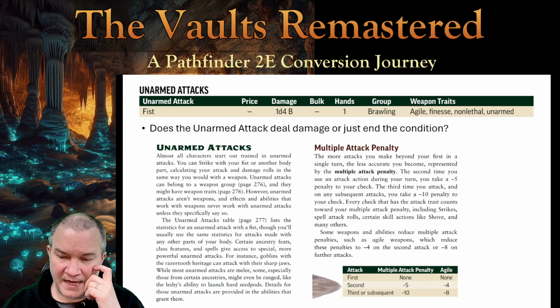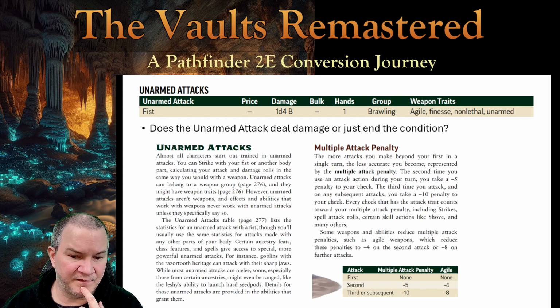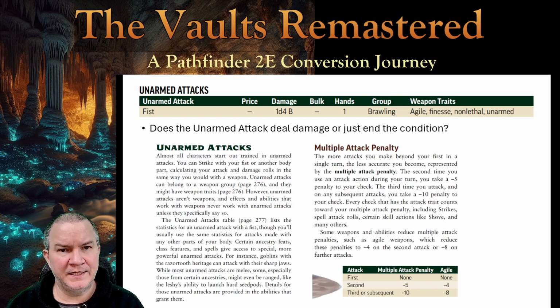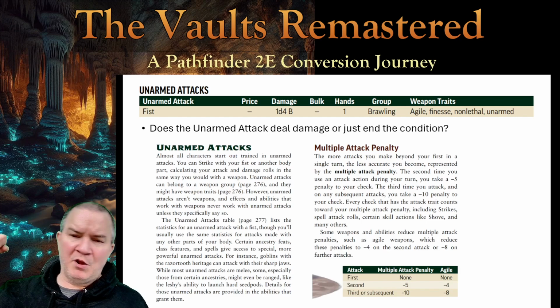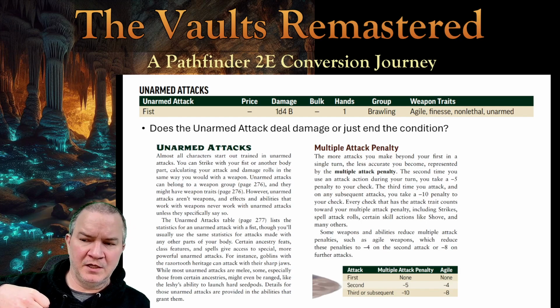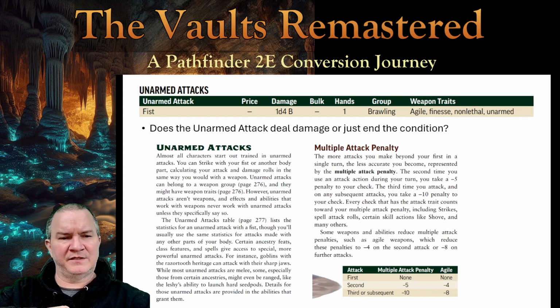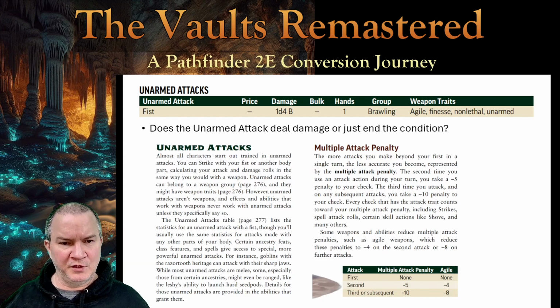But notice in the agile trait over here, if you're using an agile weapon, which unarmed attacks would fall under, the penalty is only -4, -8. So that's my other question. If I'm allowed to make an unarmed attack to get loose, does it deal damage? Like, I might punch this thing in the face to break free, which would deal damage, or am I just trying to unarmed attack, pull myself loose?